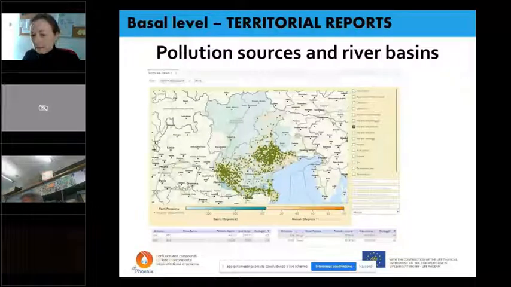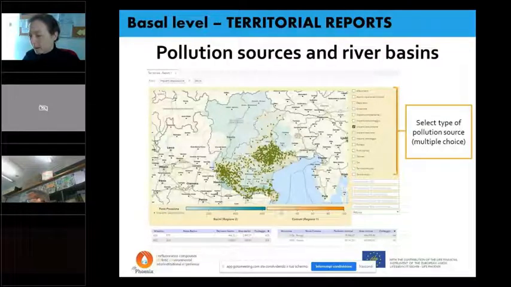And these dots are put in visual relationship with the river basins, which are in light blue color, and with municipalities that are in orange color. Here, with this bar on the right side, you can select the type of pollution source. We can also have a multiple choice.